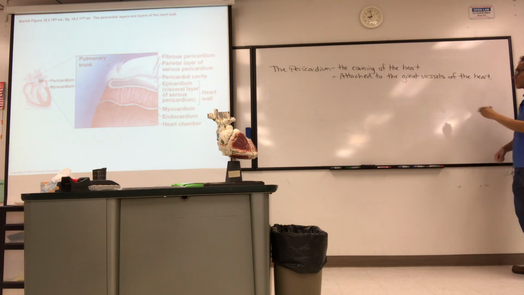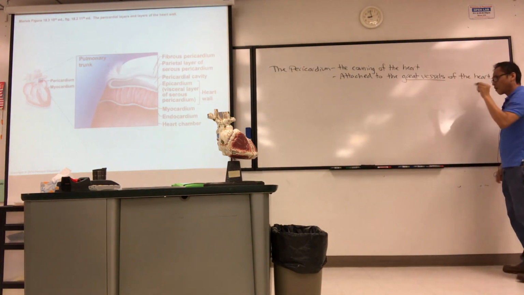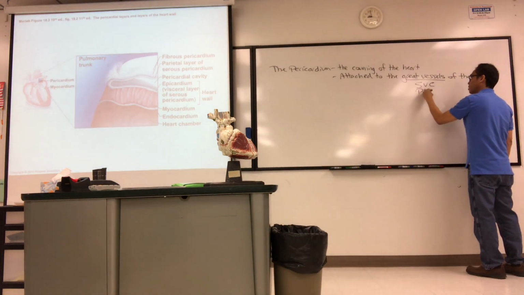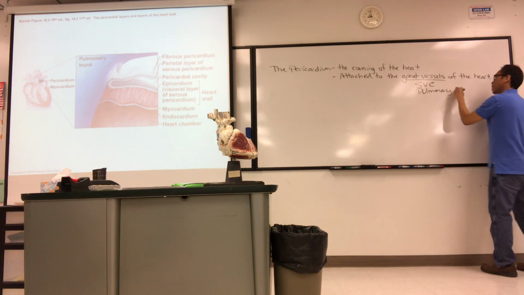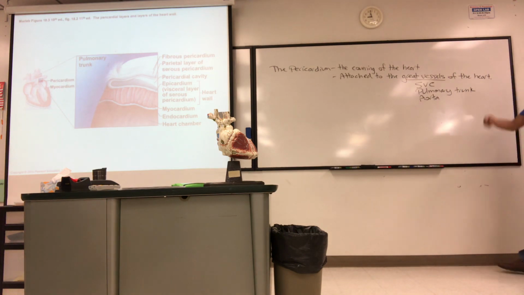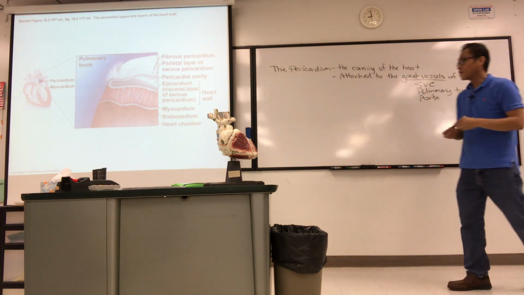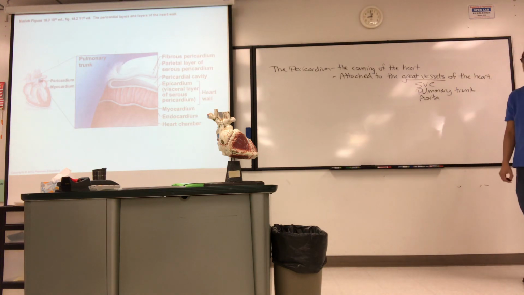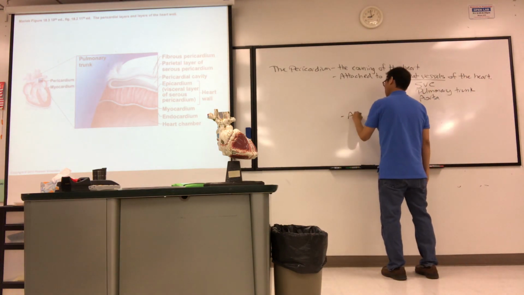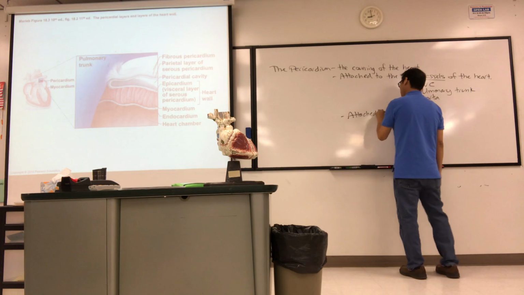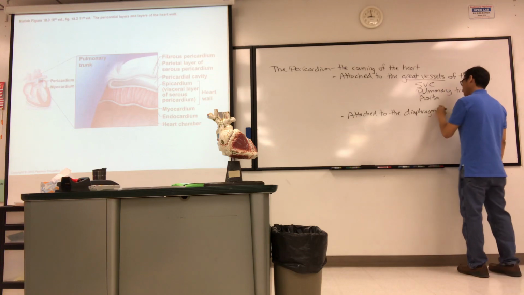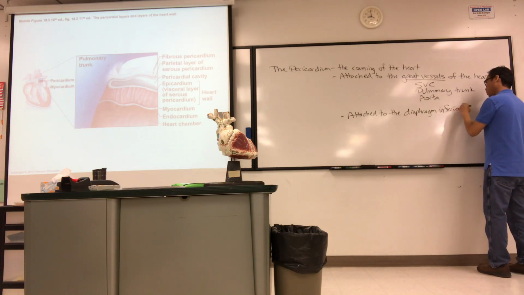And I've already said them, and not all at once, but the great vessels of the heart are the SVC, the pulmonary trunk, and the aorta. Okay, so it's attached to them up there. And inferiorly, the pericardium is attached to the diaphragm.